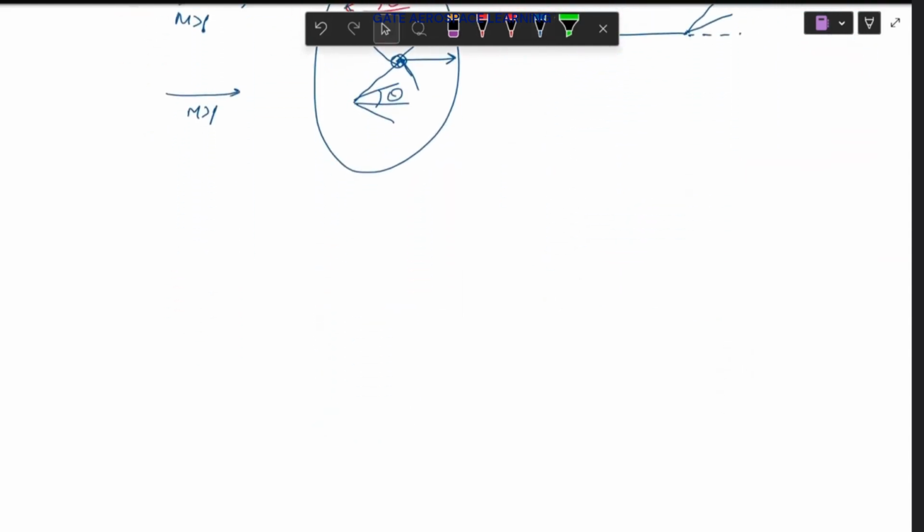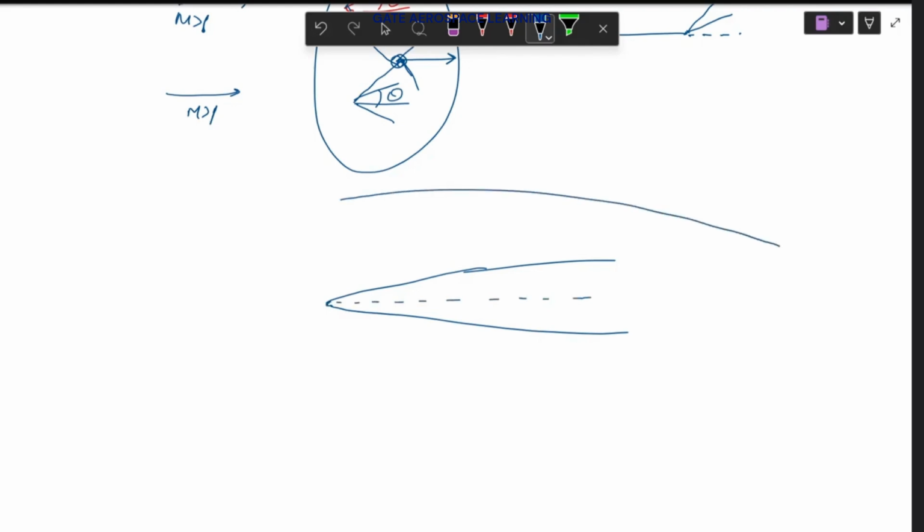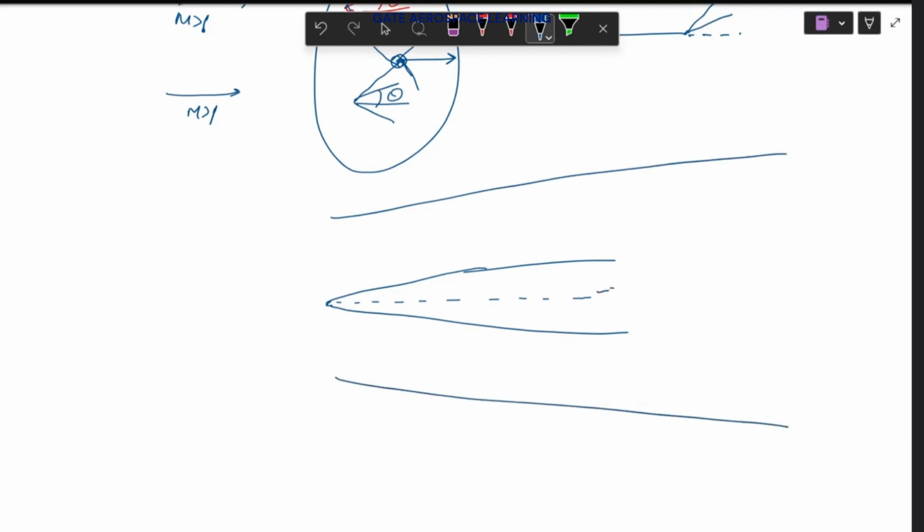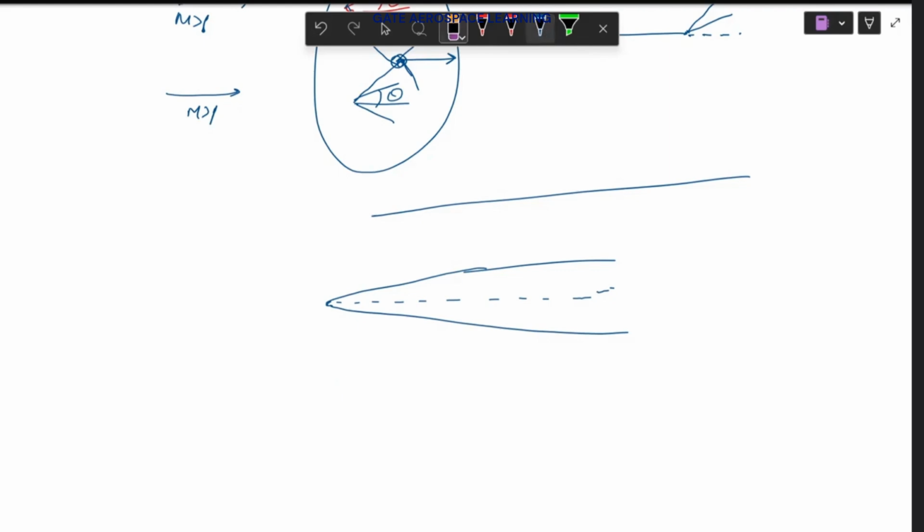From a more application point of view, if you have seen some supersonic aircraft, a fighter jet, you will see at the front this kind of nose. And let's say this is a diffuser, a supersonic intake. Generally, this kind of intakes are designed. Let's say your aircraft is flying at a very high speed, Mach number, let's say two.